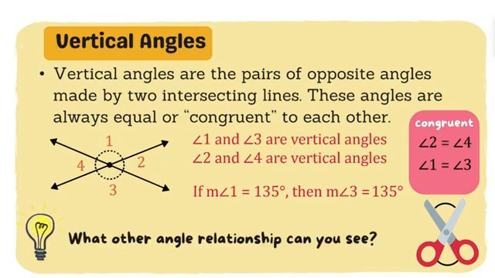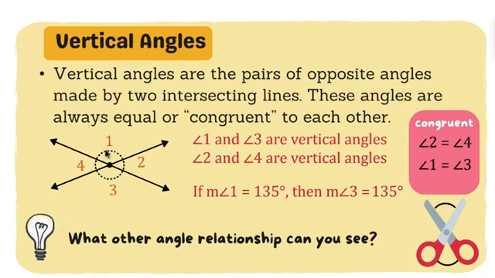Okay? Now, my question is, what other angle relationship can you see aside from vertical angles? Ano pa yung nakikita nyo dito sa figure? Okay, we can also see some linear pairs and adjacent angles. Okay, supplementary angles also.